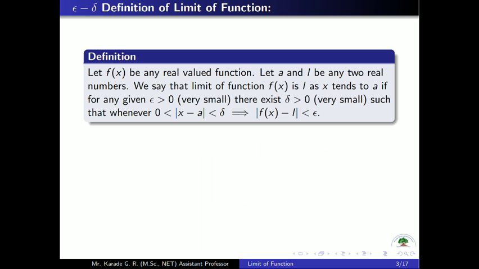So this is the epsilon delta definition of limit of a function. Let f of x be any real valued function, and let a and L be any two real numbers.